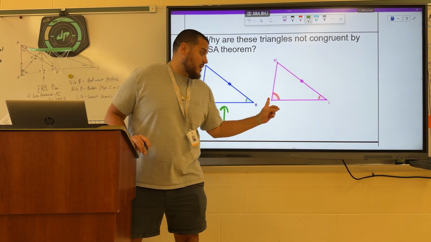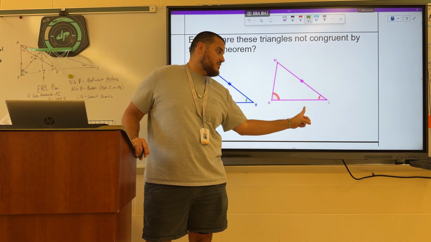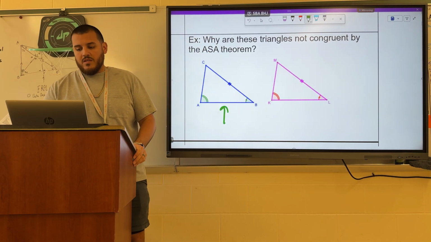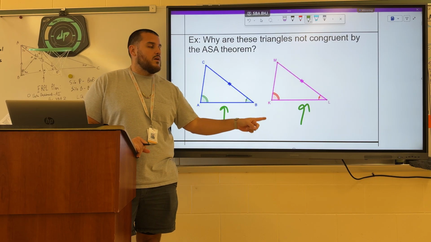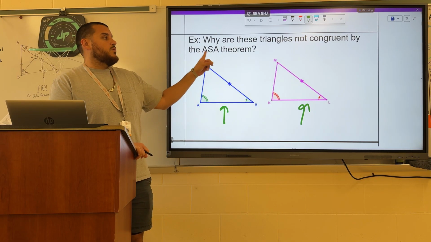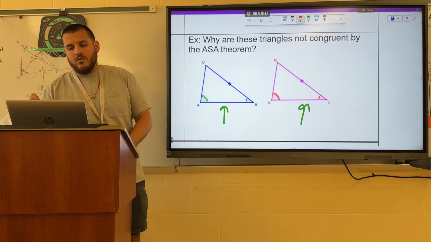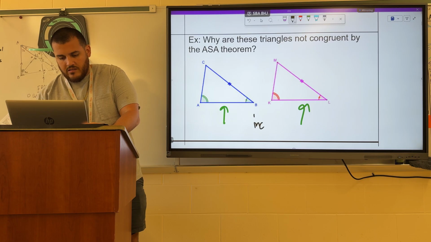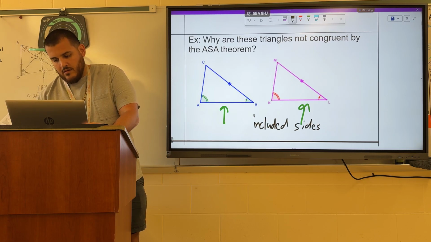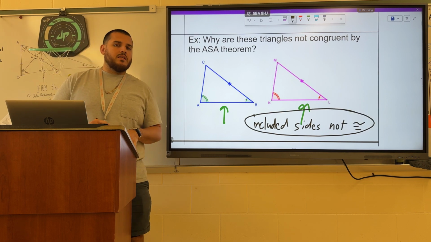The included side of angles K and L would be side KL, which would be this side. So because the included sides are not congruent, or not marked congruent, we do not have the angle side angle criteria. All right, so we could say included sides not congruent to each other. So that's why these are not congruent by the angle side angle theorem.